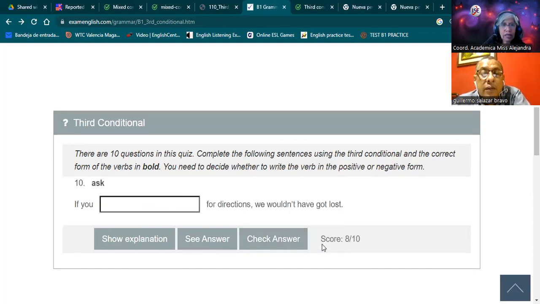Okay, correct. And the last one: if you had asked for directions, we wouldn't have got lost.